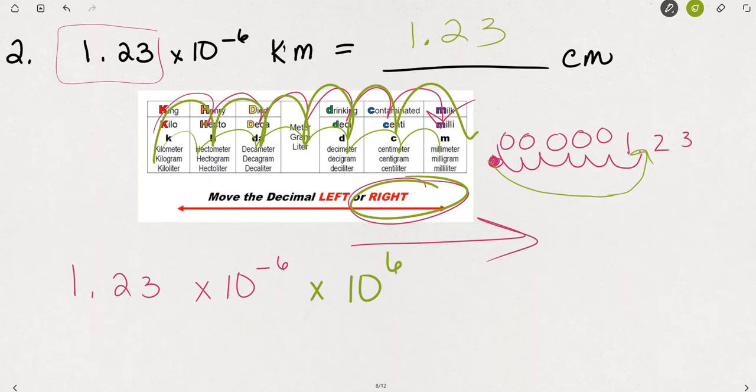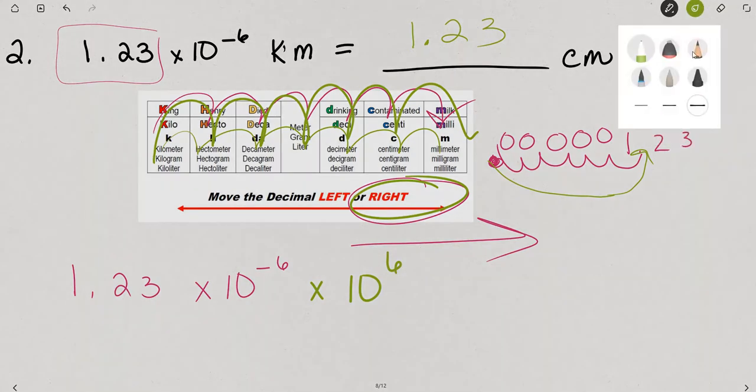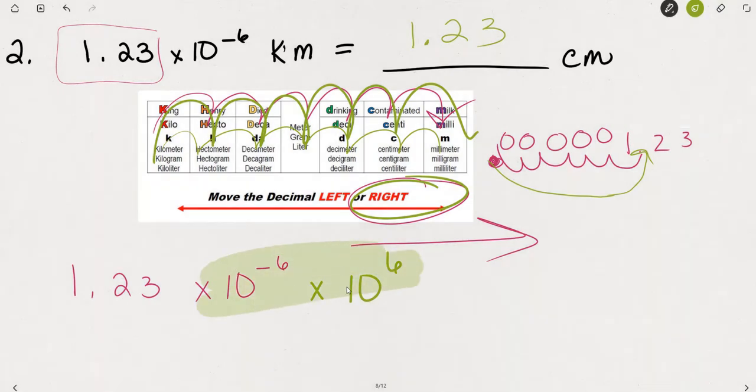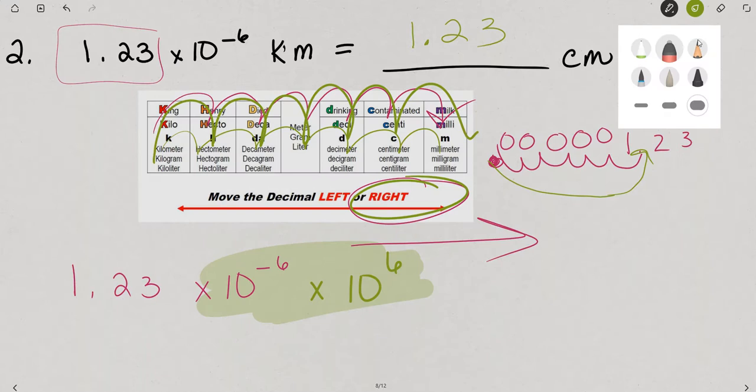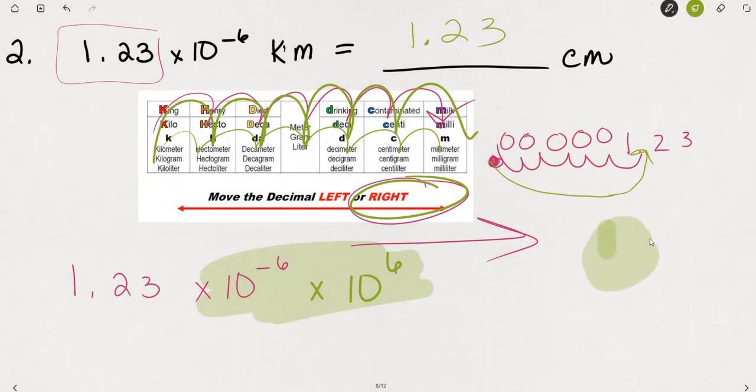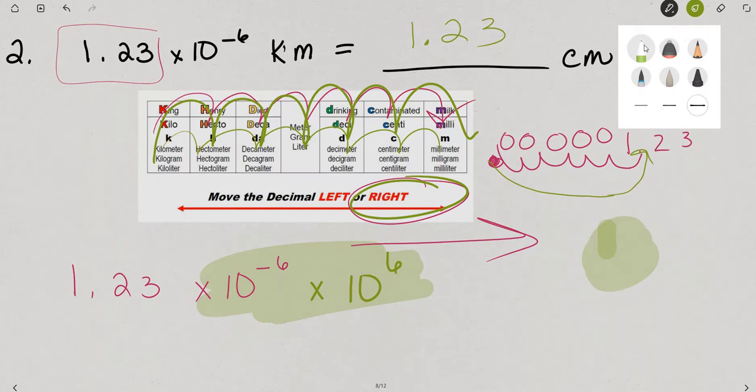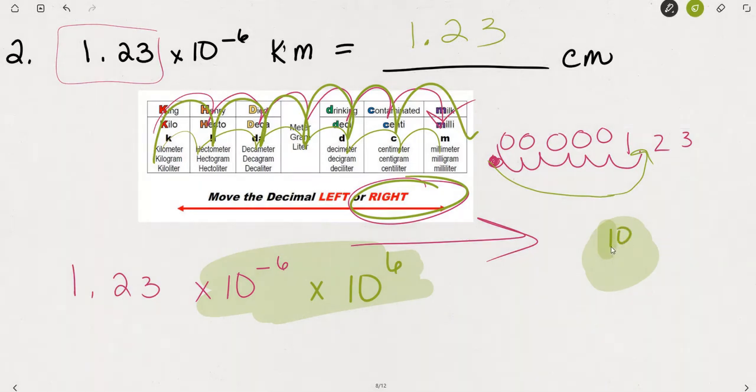And these 10 to the negative 6, 10 to the 6 just undo each other. They reduce because it's the same as saying 10 to the 6 over 10 to the 6, because negative 6 puts it in the denominator, so those just reduce out.